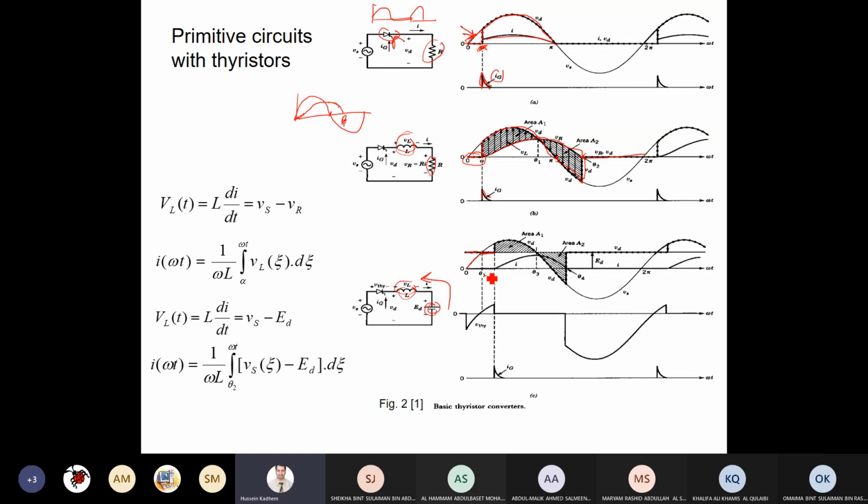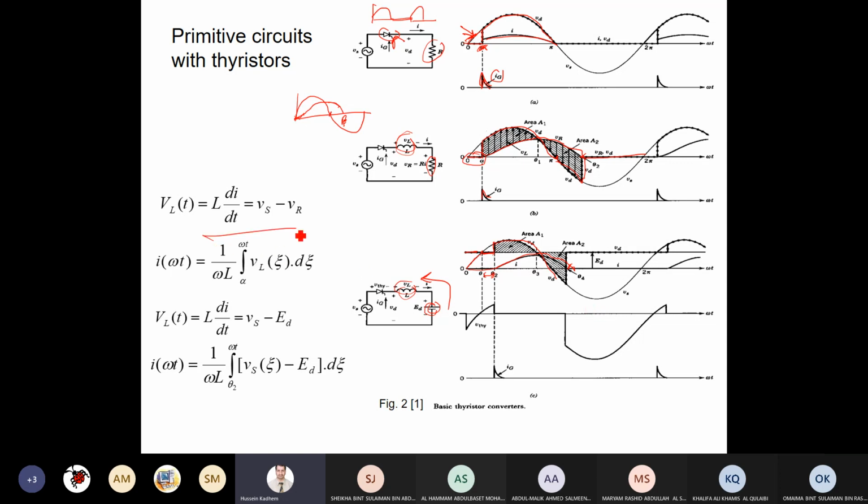From here to here is the firing angle that needs to come to the gate. When it comes, the voltage appears across the load, as you can see here, and the same for the current. The current increases gradually from the point of conducting and releases its energy until it reaches 0 here and goes back to the same situation. So the same discussion applies here. The only difference is that we start not at 0, but at alpha.